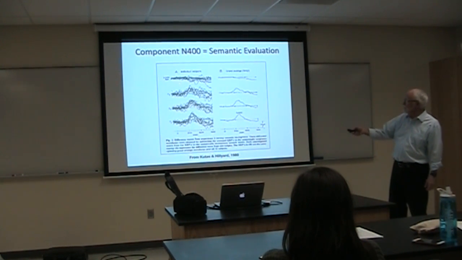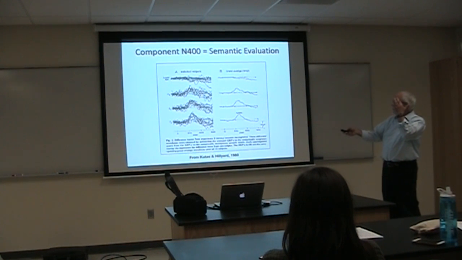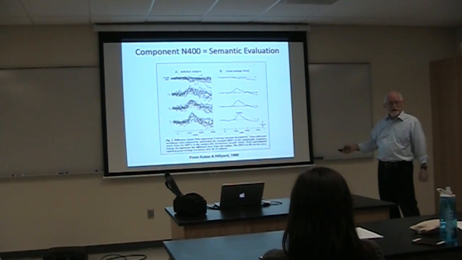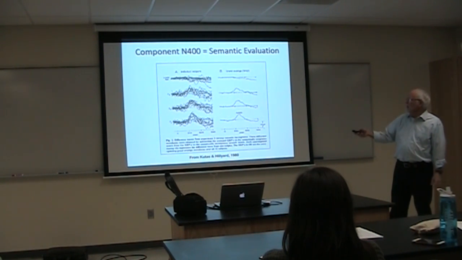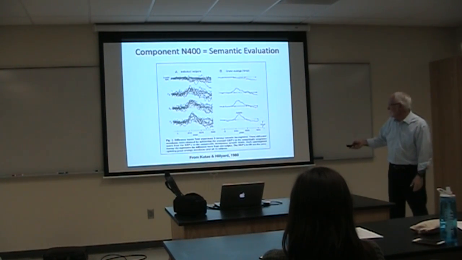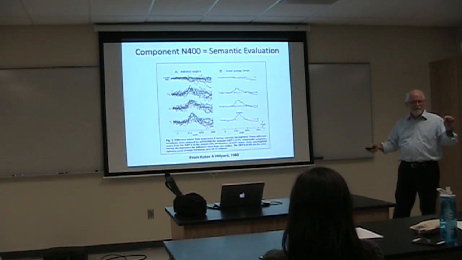And so here you see another way of averaging. In this particular experiment, one of the initial experiments that demonstrated the existence of the N400 component, they had 12 subjects. And so the left part of this graph is the average waveform of all the trials for one subject.